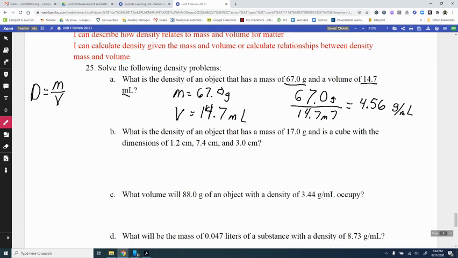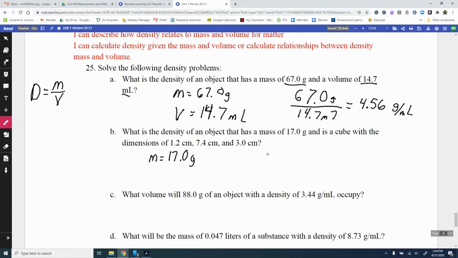Next one. What is the density of an object that has a mass of 17 grams? So mass equals 17.0 grams, and it is a cube with the dimensions of 1.2, 7.4, and 3.0. Since this is a cube, we can use the volume formula, which is length times width times height.